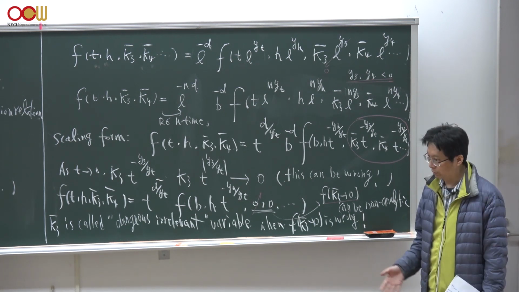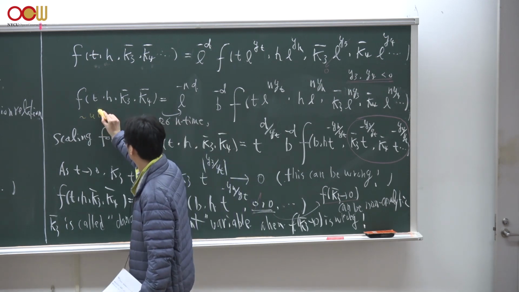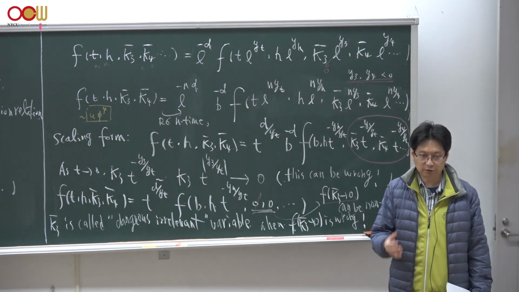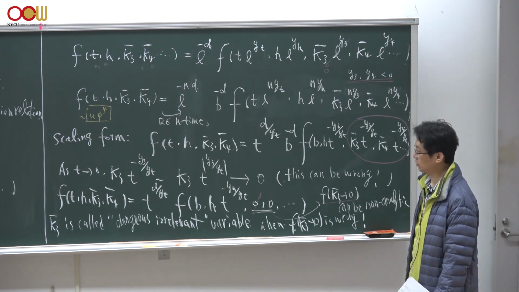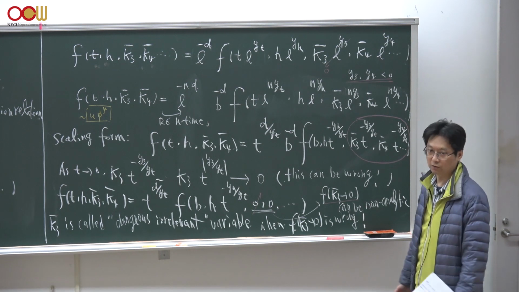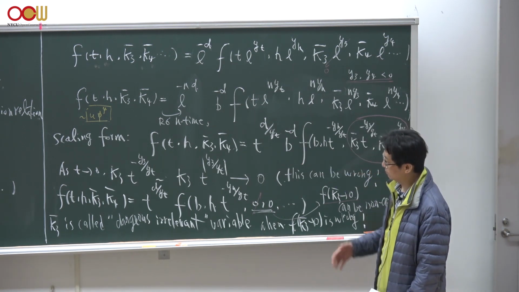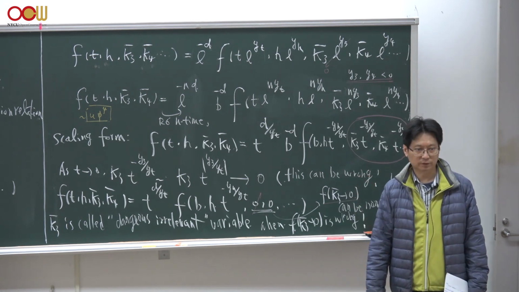So this quartic term, this u term, which is proportional to phi-4, becomes the dangerous irrelevant term. So you cannot disregard this u from the phi-4 theory when the dimension is close to 4, or the upper critical dimension. This is just to remind you that some irrelevant terms have this issue of dangerous irrelevant variables.